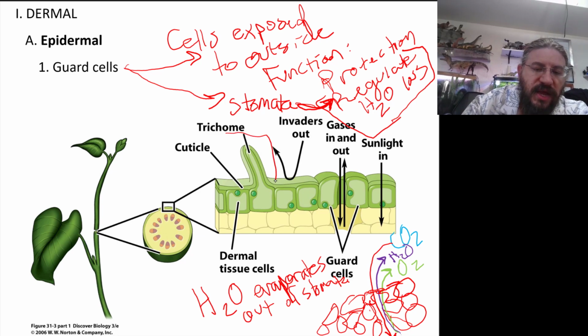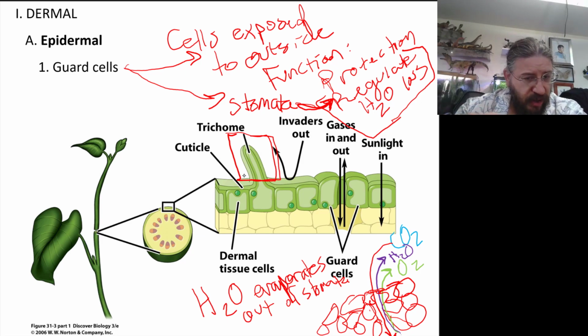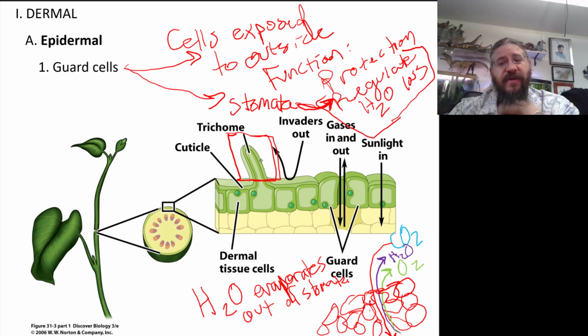Here, this is a plant hair, which we'll go into later. These trichomes can often have adaptations to protect the plant. So, protection by creating a tough outer layer covered by a cuticle, and regulation of water through the stomata.